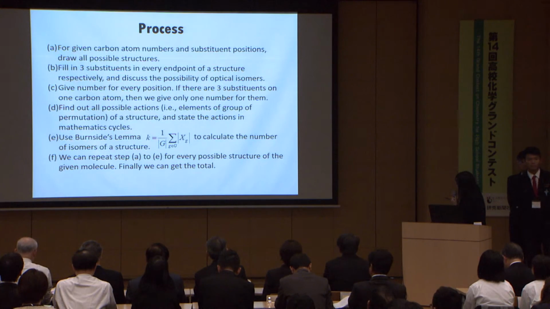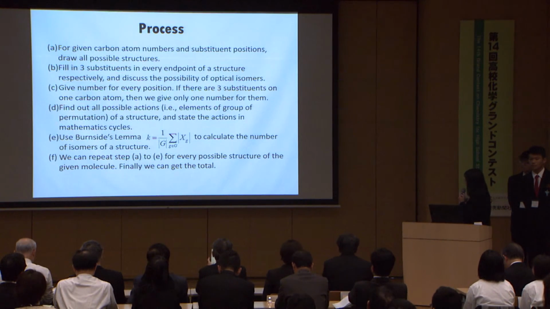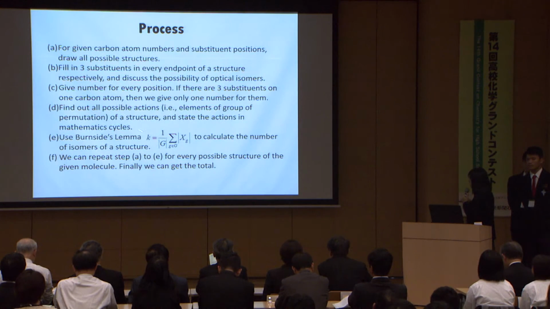C, give a number to every position. If there are 3 substituents on 1 carbon atom, then we give only 1 number for them. D, find all possible actions of a structure and write the actions as mathematical cycles.